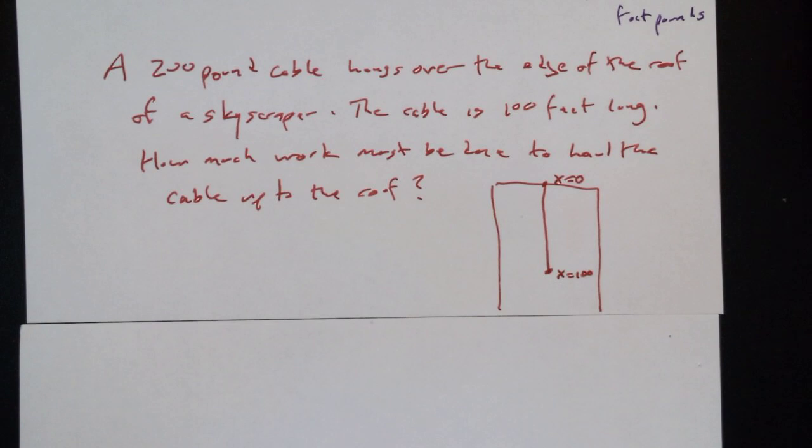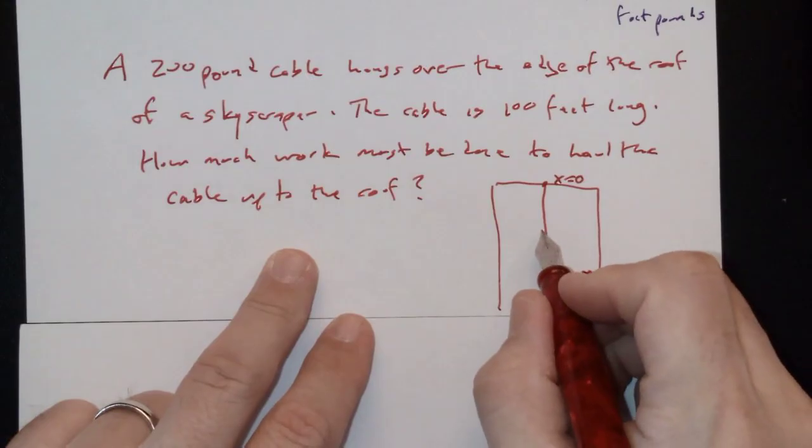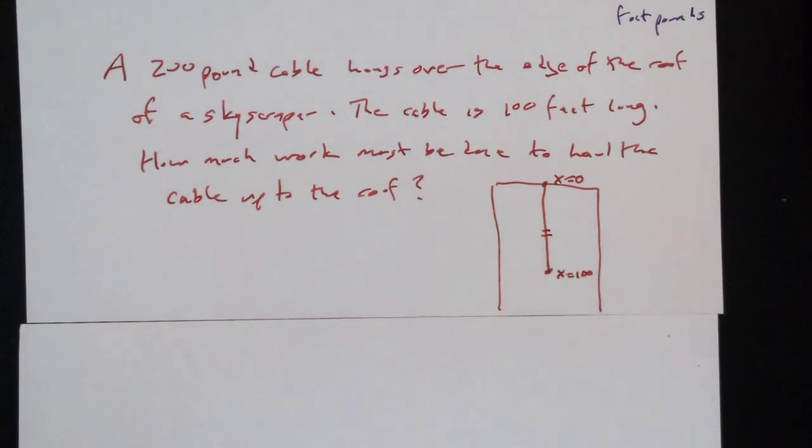So the thing that makes the difference is the distance my bit is moving, right? So let's pick a piece of cable in the middle. There's my little slab of cable. How thick do you want to make that slice? 2 feet?